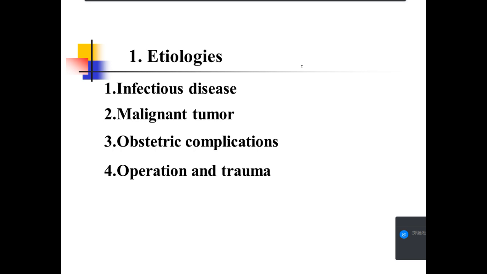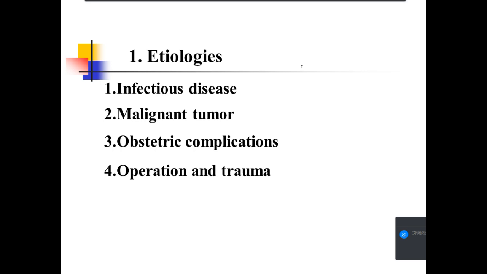Obstetric complications lead to DIC because tissue factor enters the blood. A disseminated placenta can release a lot of tissue factor, which can stimulate the intrinsic coagulation pathway. So this disease can lead to DIC.